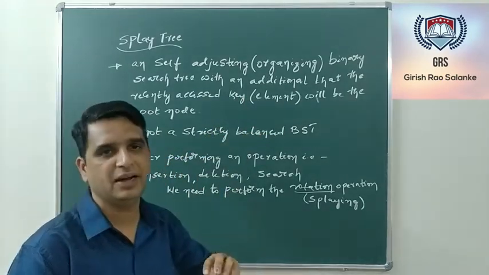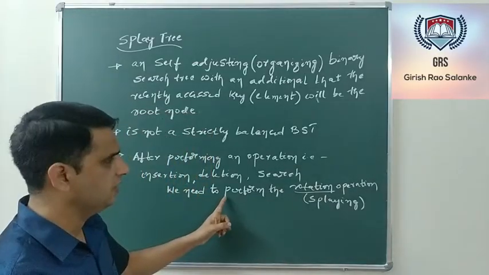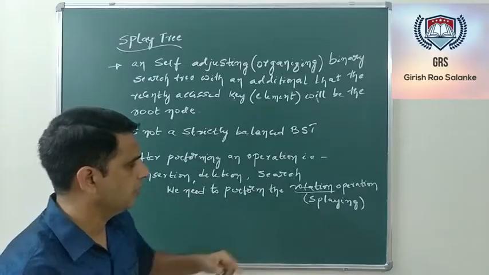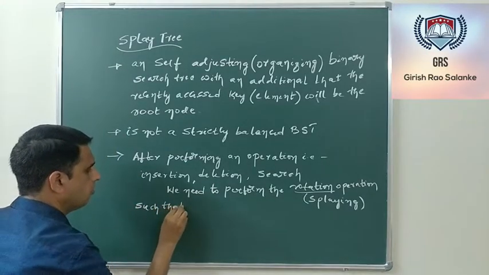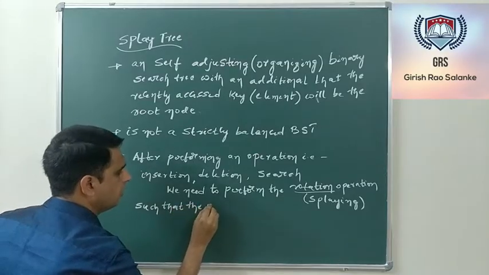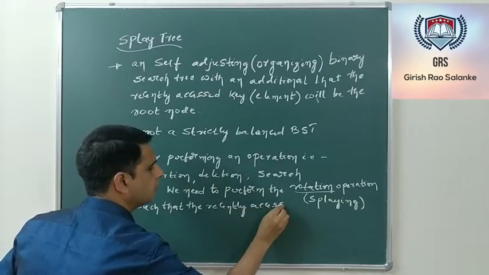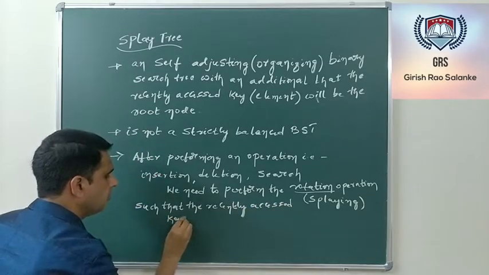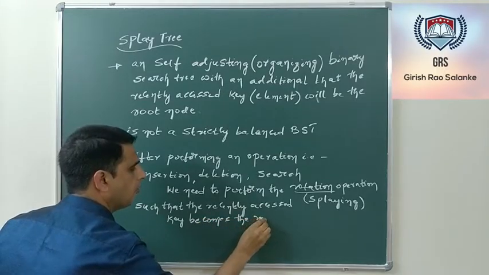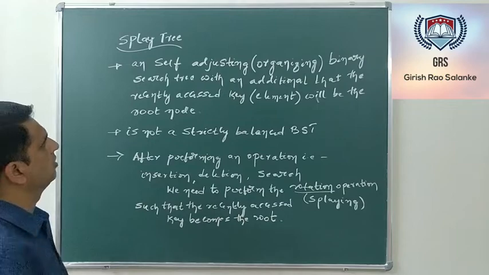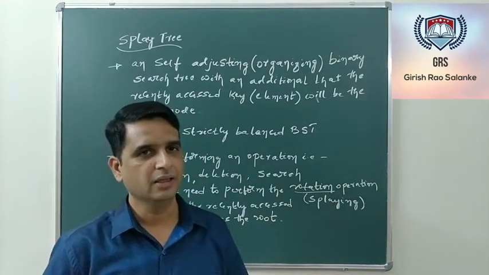So in order to make that recently accessed key or element the root node, we need to perform this rotation operation, such that the recently accessed key becomes the root. So this is the definition of a splay tree.